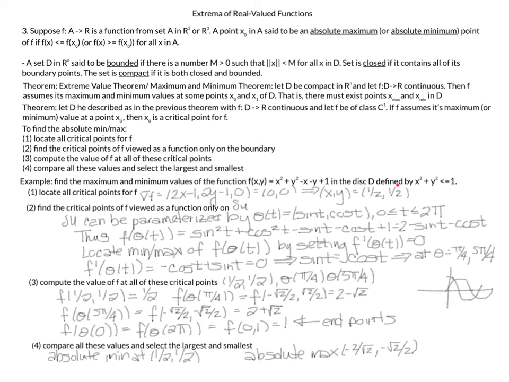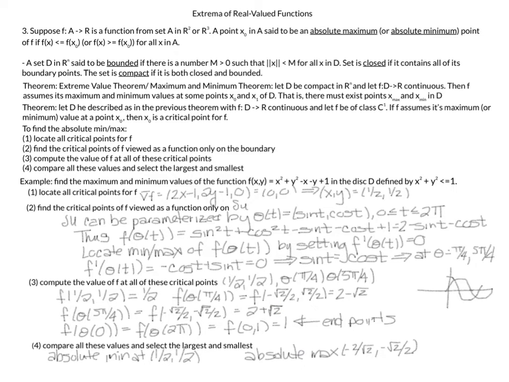Now we have our critical point at 1/2 that we got by setting the gradient of f equal to 0. And then we have these two other critical points that we got by looking at the boundary. So f of 1/2 is equal to 1/2. f of sigma of pi over 4, which is f of square root of 2 over 2, is equal to 2 minus square root of 2. f of sigma of 5 pi over 4 is equal to 2 plus square root of 2.